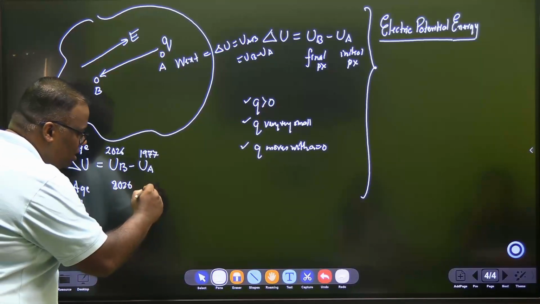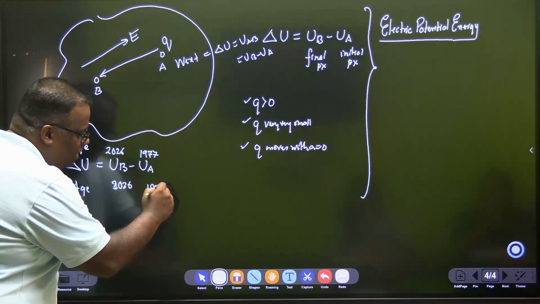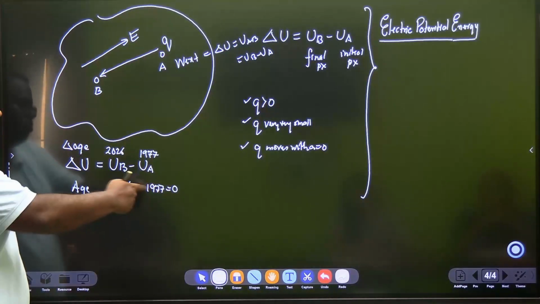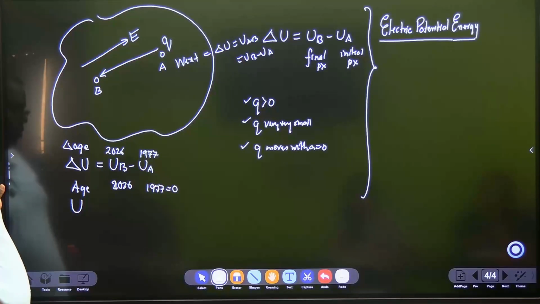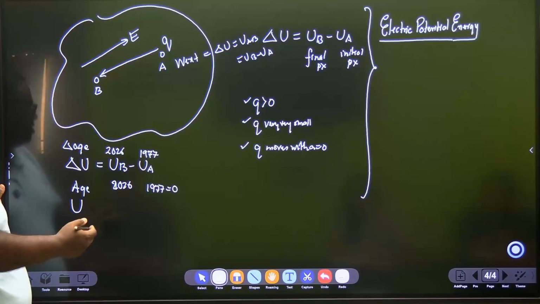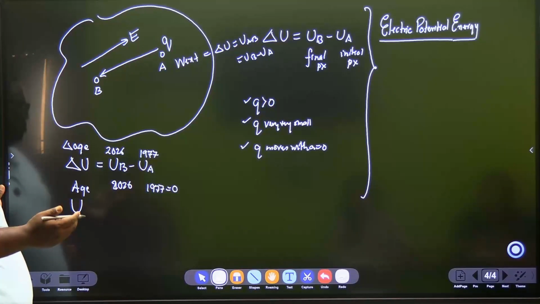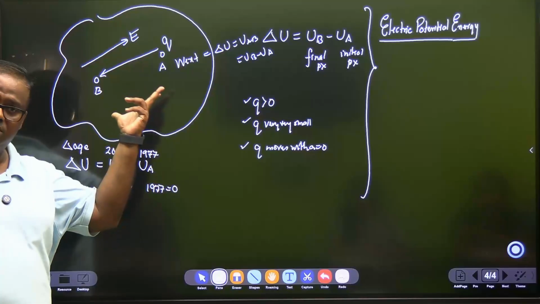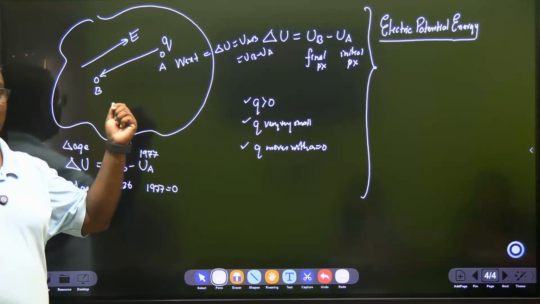What you did, you said that at 1977, the age was 0. So you saw how many years have passed and you took out 0. And then you say that my age today is 48 years or 46, 47, whatever it is, you are putting it out here. I now want to know what is the potential energy here. I knew the difference. That means I have to create a 0.